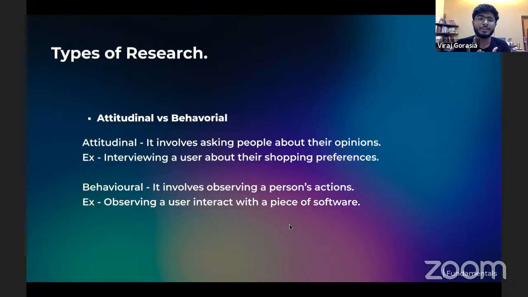So as a researcher, you need to accept this flaw of humans, and that's why behavioral research exists, and that's why you have to observe what they are trying to say and proceed with that kind of research as well. Don't worry if you are not able to understand them. While we present the case study, it will be very, very clear.